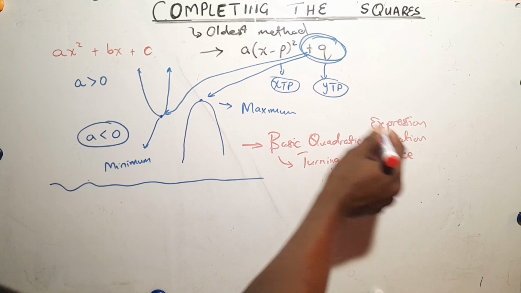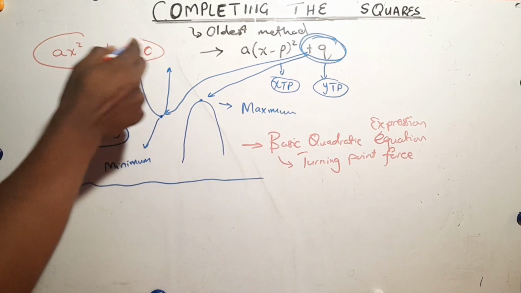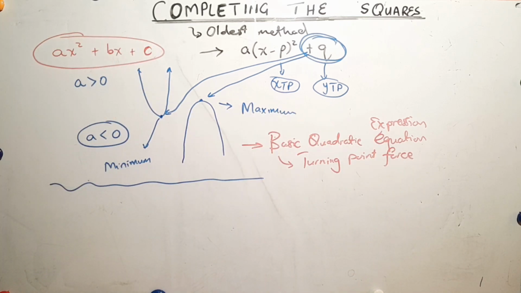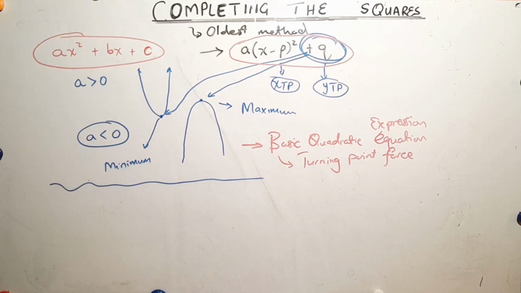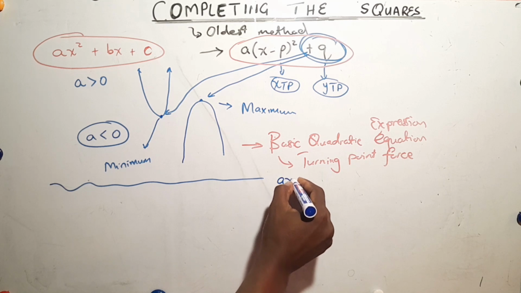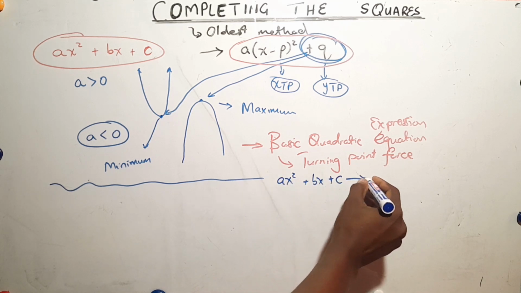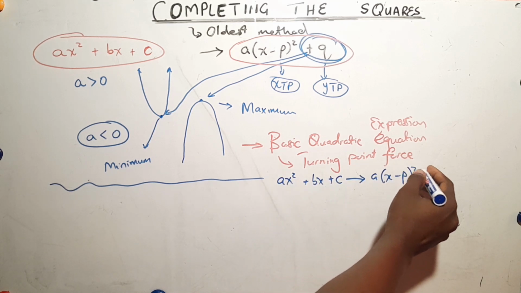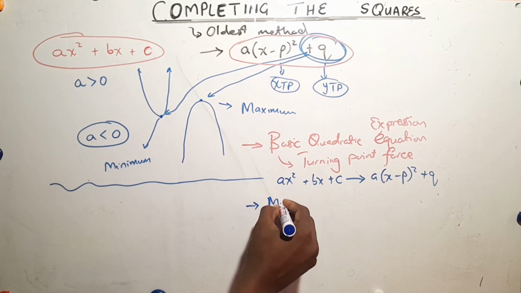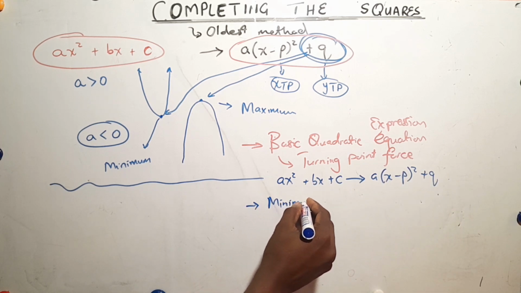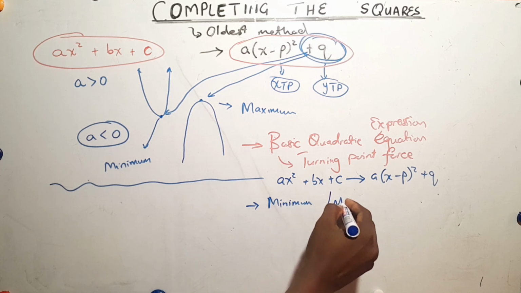This changes the standard quadratic equation into the turning point form. So this is the turning point form. It changes ax squared plus bx plus c into a(x - p) squared plus q. Also this gives us the minimum or maximum point.